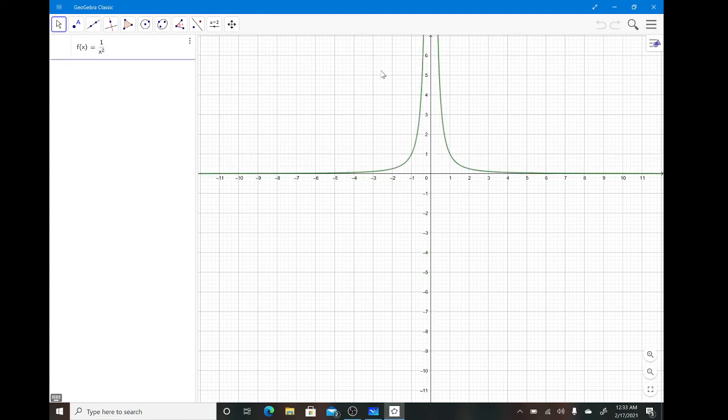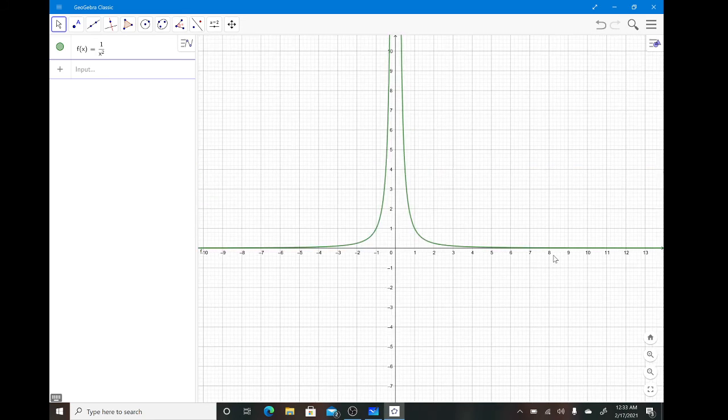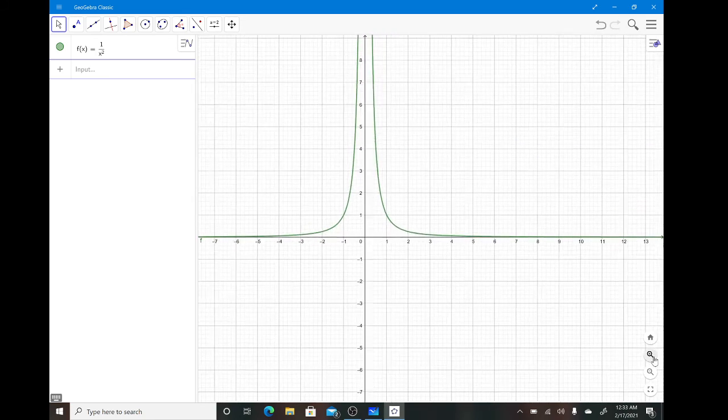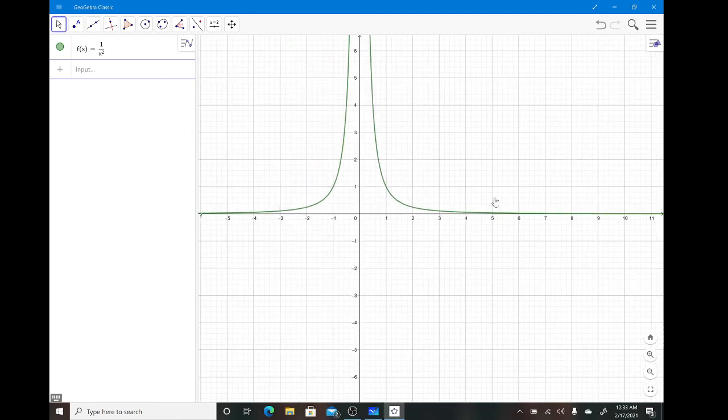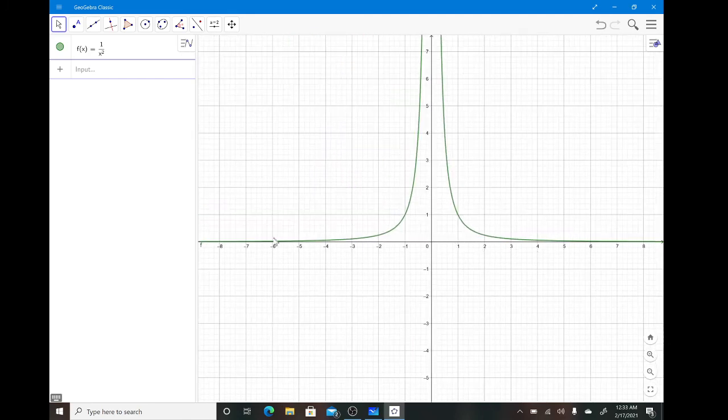As we can see, as the function begins to get closer and closer to 0 from the right on the x-axis and from the left on the x-axis, the y values, the output values, begin to get bigger and bigger. They begin to increase faster after you get below -1 from the left and below 1 from the right. At -1 you're at 1, at 1 you're at 1, and then as you get closer and closer to 0, the function values begin growing very quickly.